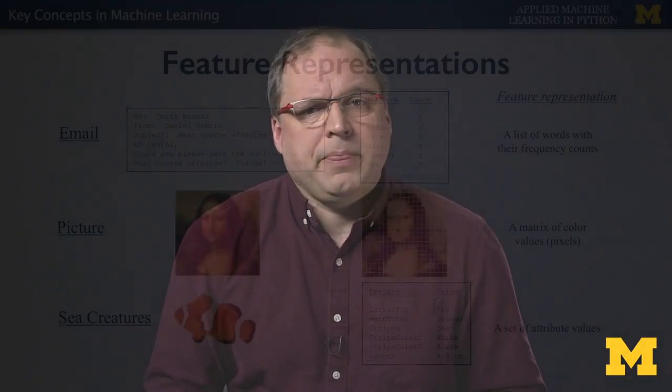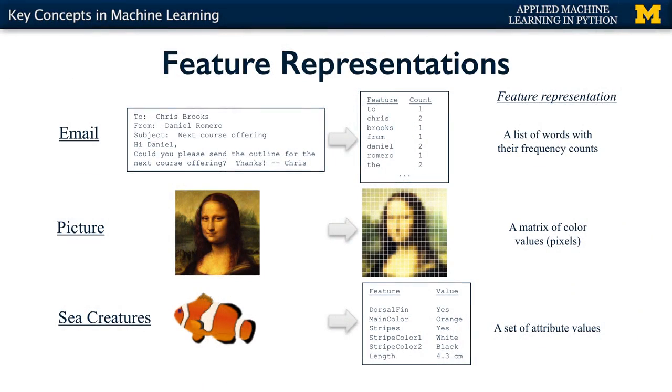So let's look more closely at what we mean by a feature representation for an object. Each data point in your data set represents something, some object or situation or event, some entity that's being represented by a list of properties. For example, an email might be represented as a list of words that are in the message.